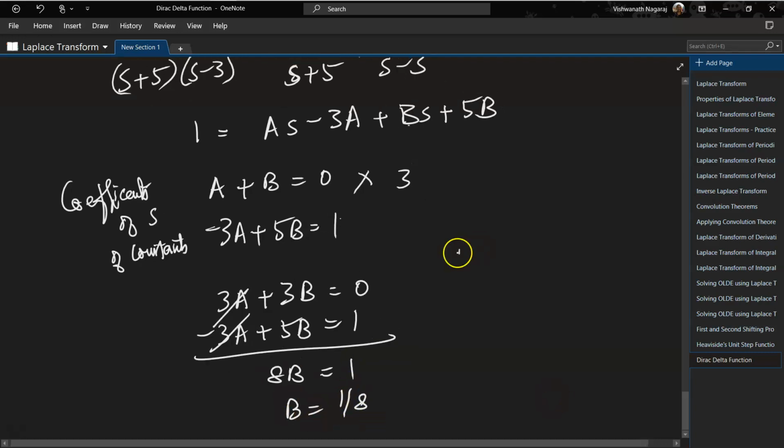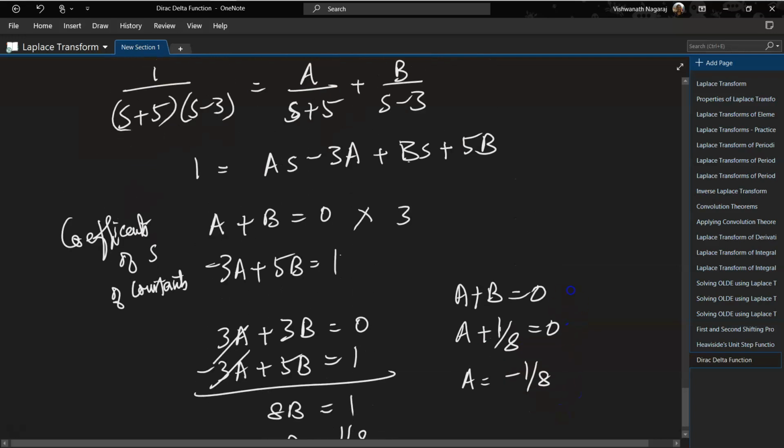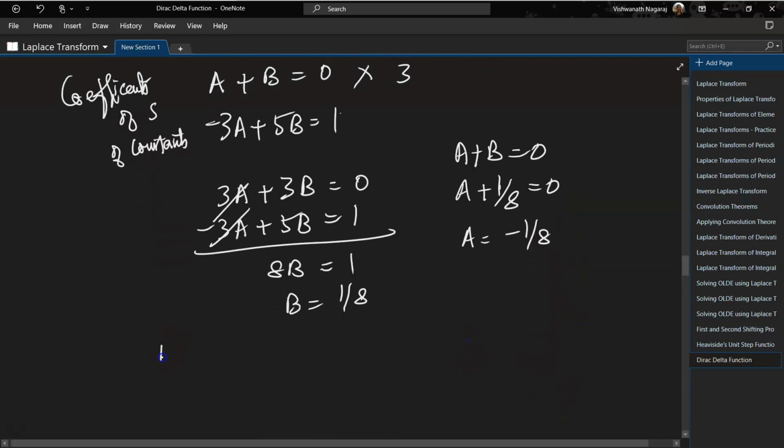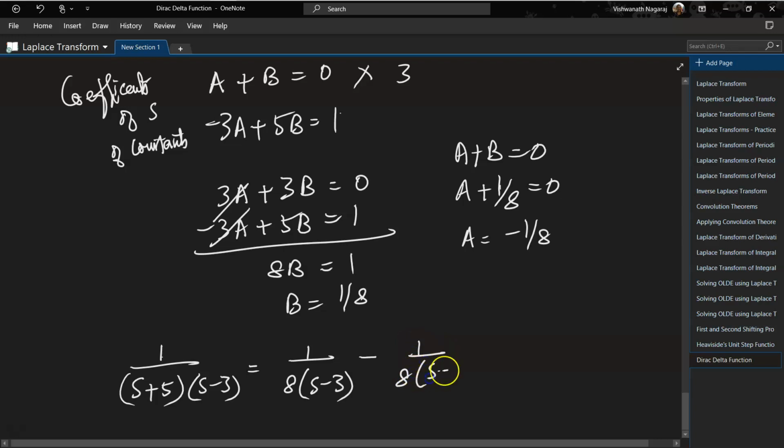Okay, let's substitute this in this. A plus B is equal to 0, A plus 1 by 8 is equal to 0, A is equal to minus 1 by 8. So the partial fractions of 1 by s plus 5 times s minus 3 is equal to 1 by 8, just to make sure minus doesn't come in the beginning, 1 by s minus 3 minus 1 by 8 times 1 by s plus 5.